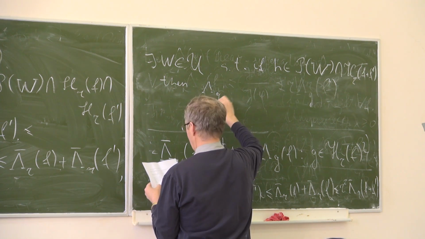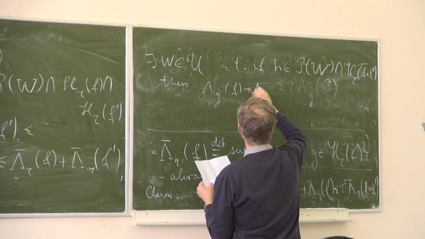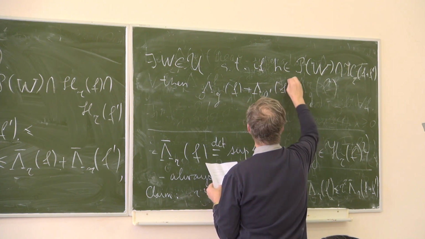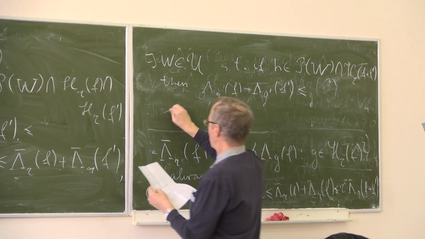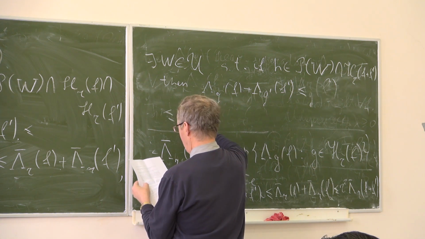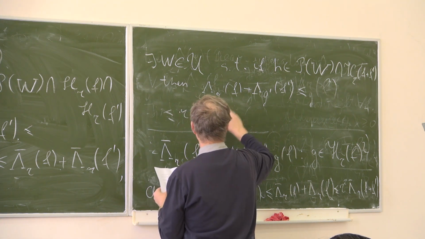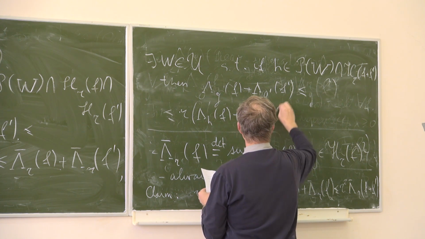Lambda G of F plus lambda G prime of F prime is dominated by R lambda H of F plus lambda H of F prime.